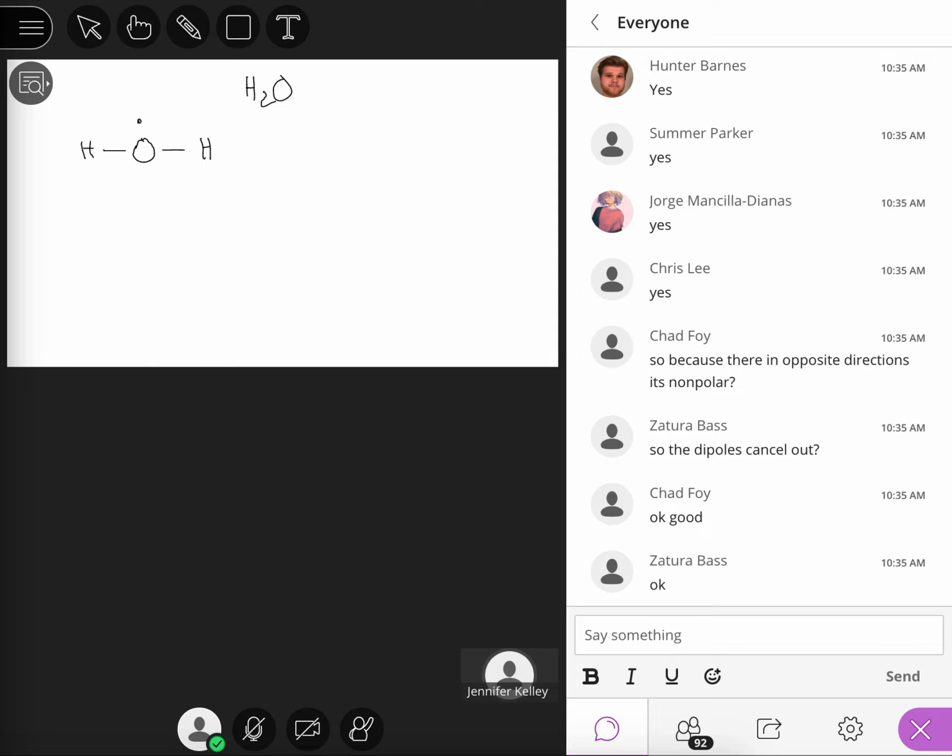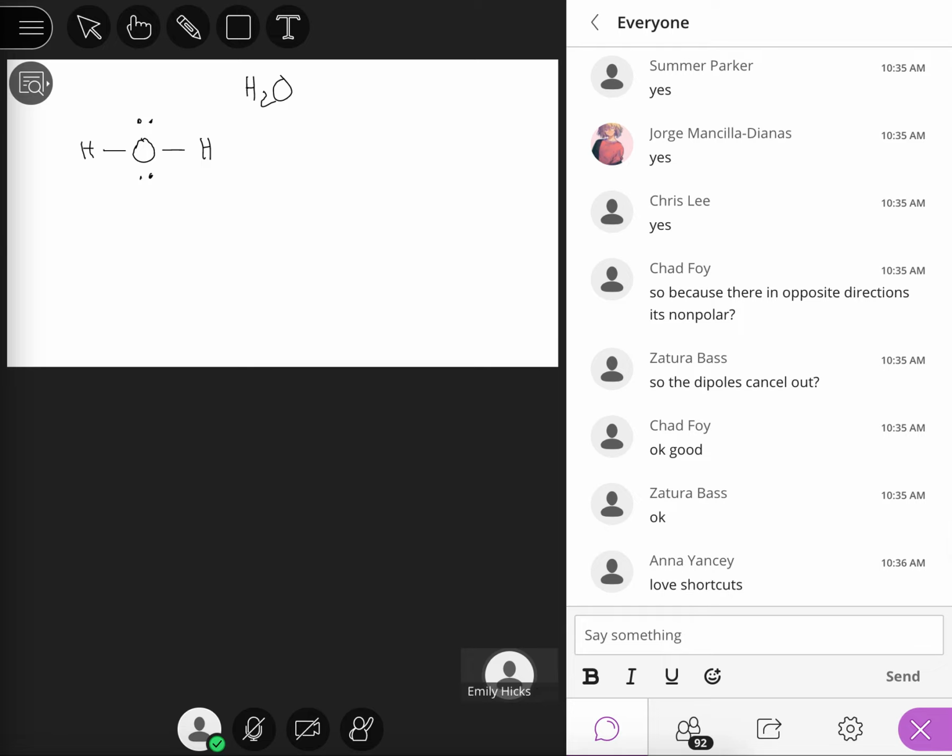But let's say I drew it like this. It almost looks like everything cancels itself out because everything is opposite. But this is where VSEPR comes in, because you need to know what the geometry is in this case. You don't really need to know it, because I'll show you a shortcut in a second. But if you know what the geometry is, it gives you an explanation of why it is polar.